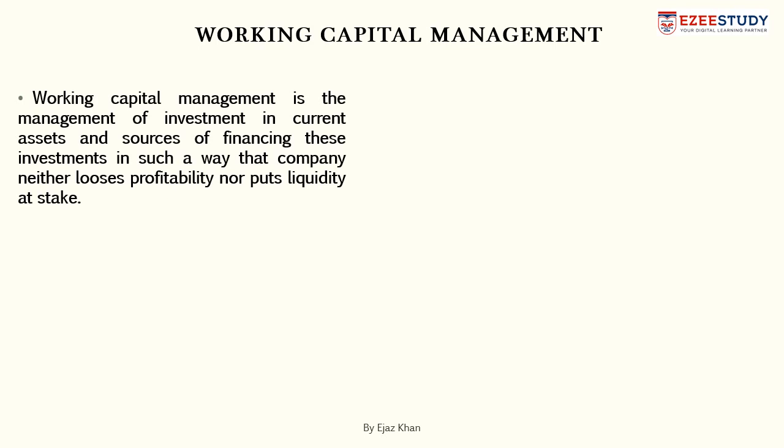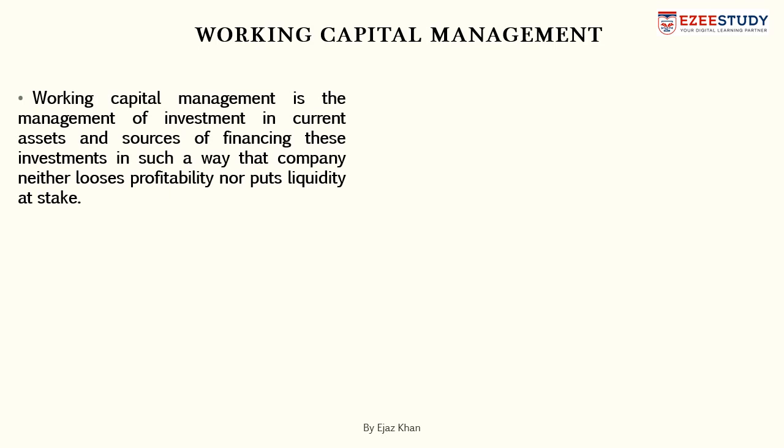Because if a company invests too much into its current assets, it means that it will have less investment available for non-current assets from which it can generate profits. So if it keeps more capital into current assets, it will earn less profits.